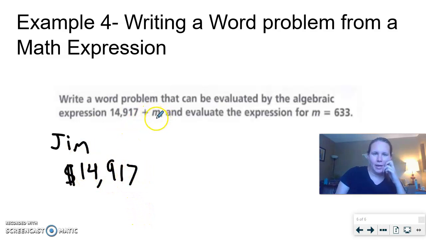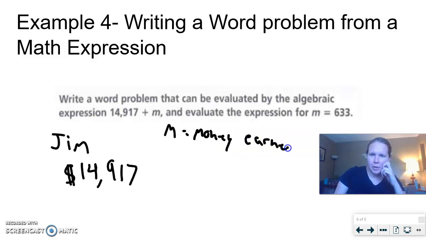And then his M could be maybe the money he earned. Okay, so money earned equals M. So this is the amount of money Jim earned this last week, and he can put it into his bank account. So that's one way you can come up with a problem.